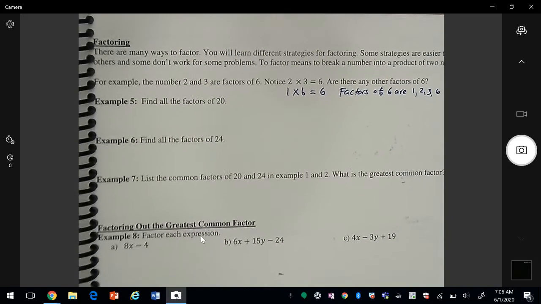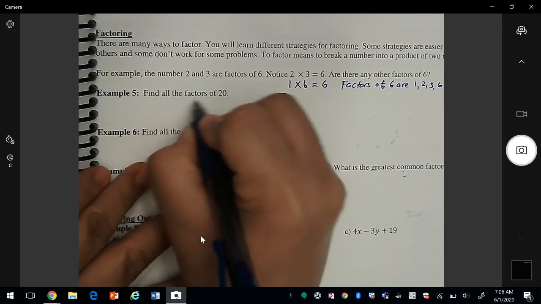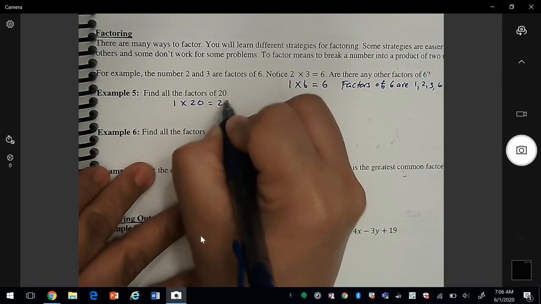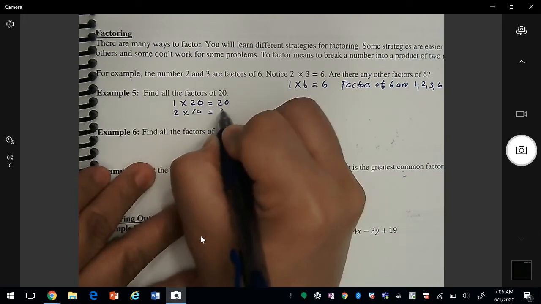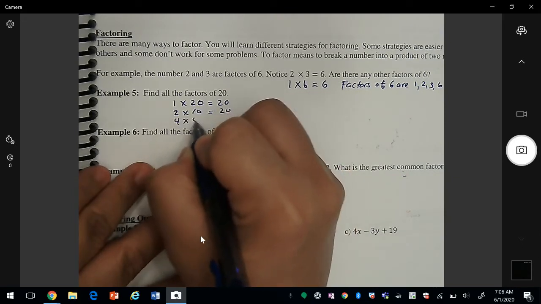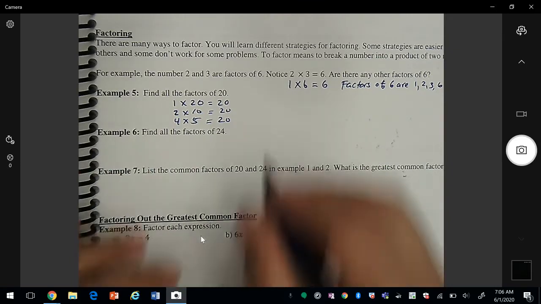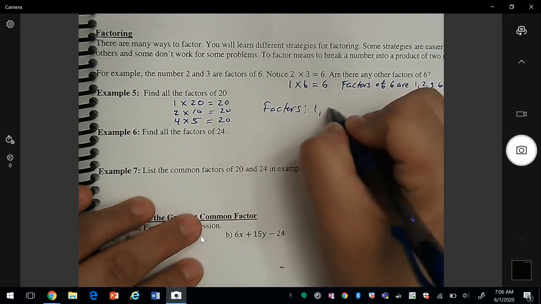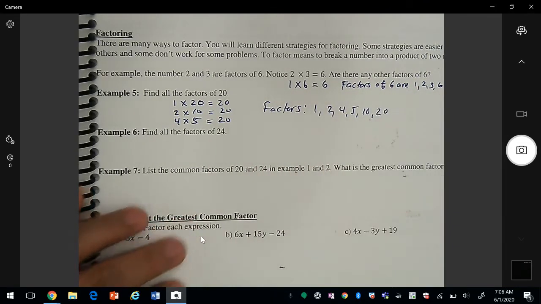So we want to find all the factors of 20. To find the factors of 20, it's going to be all the numbers that give you 20. So 1 times 20 is 20, 2 times 10 is 20, 4 times 5 is 20. And the factors will be 1, 2, 4, 5, 10, and 20.